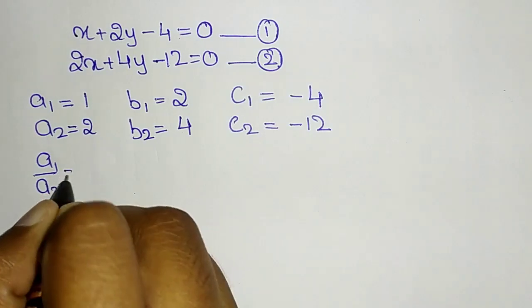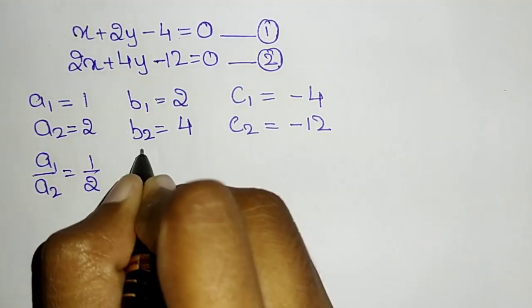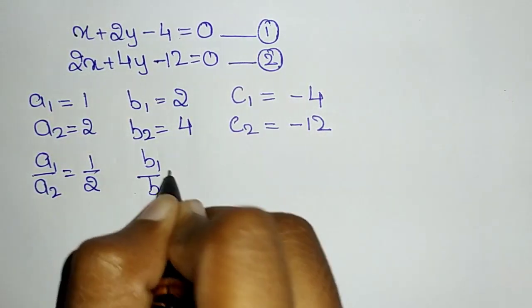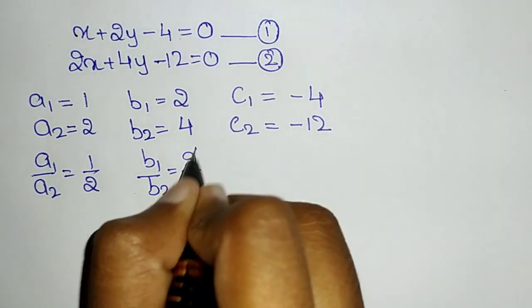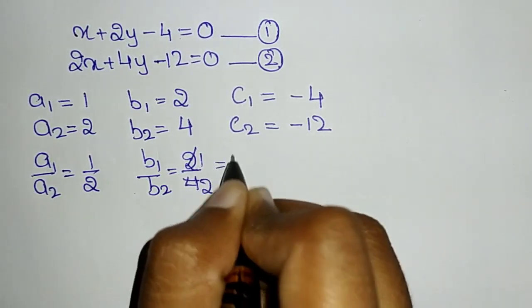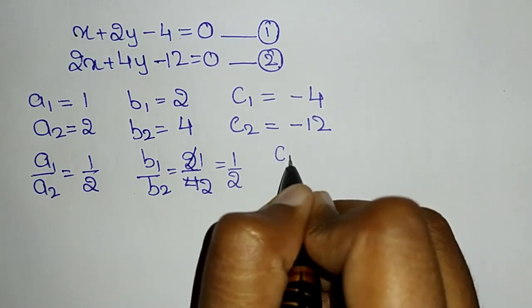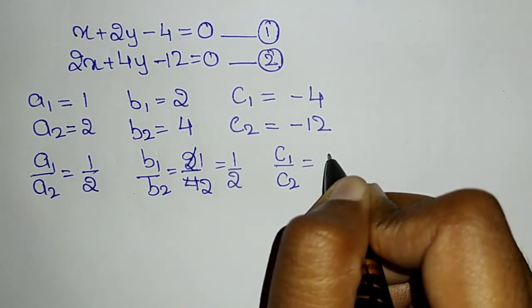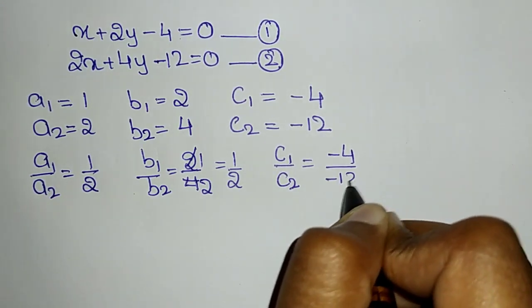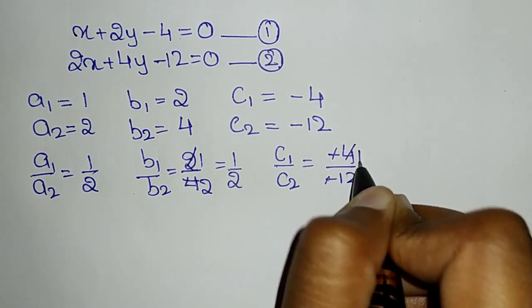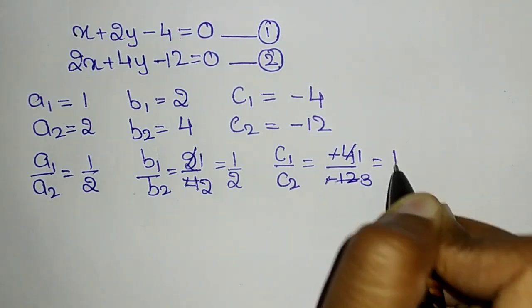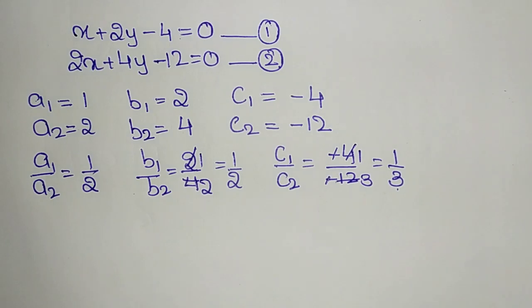So now let us find the ratios. a1 by a2 is equal to 1 by 2. b1 by b2 is equal to 2 by 4 which can be reduced to 1 by 2. And lastly c1 by c2 is equal to minus 4 by minus 12. Minus minus cancels, which is equal to 1 by 3.